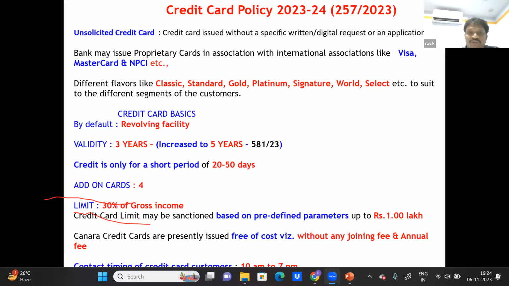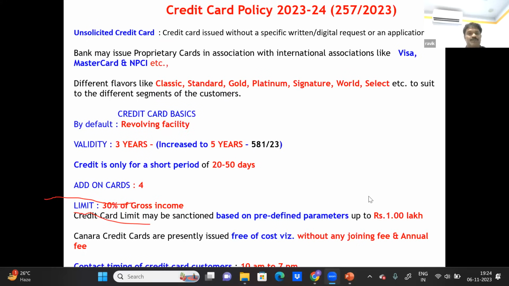If you issue such a card, that is called an unsolicited credit card. He has not asked, still you are issuing. So remember, a credit card issued without a specific written or digital request from an applicant is called an unsolicited credit card. This is not a good practice. This is what RBI told. Your bank also issued recently one circular on that.